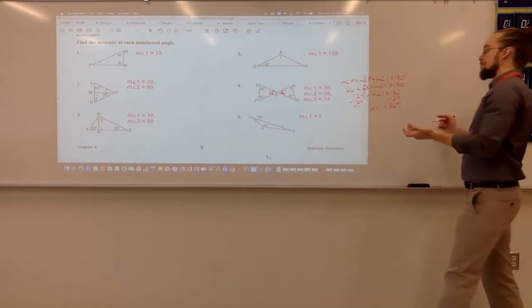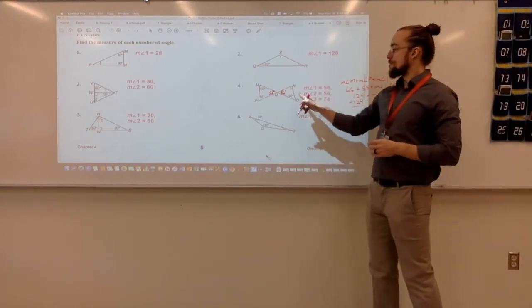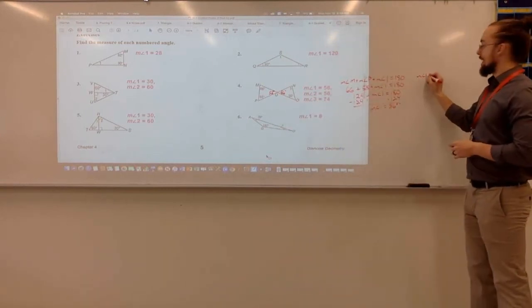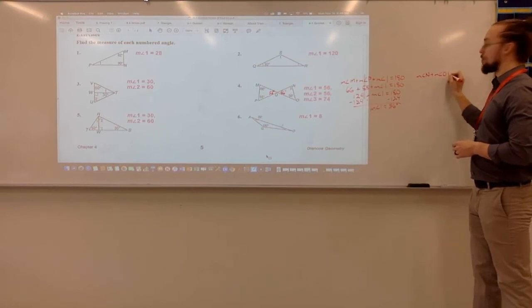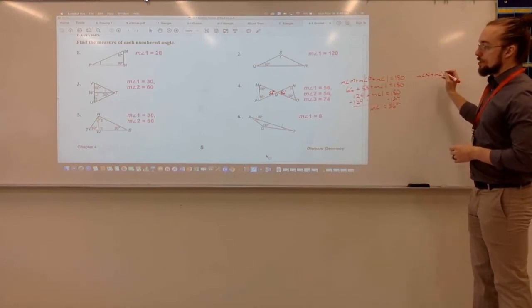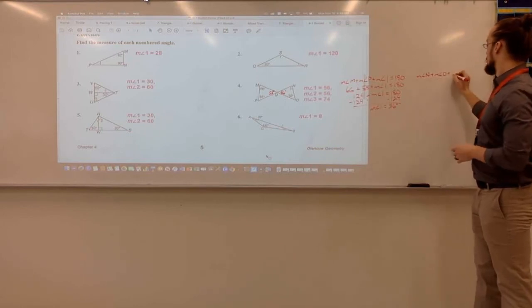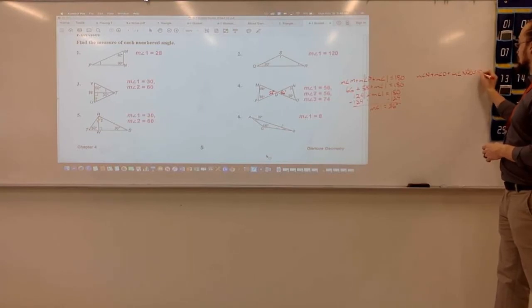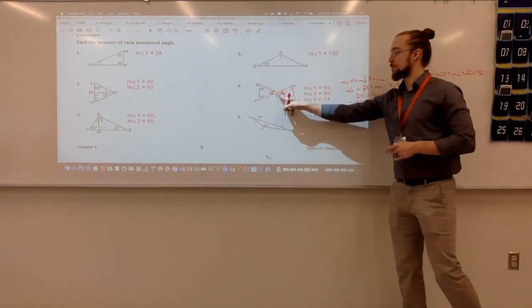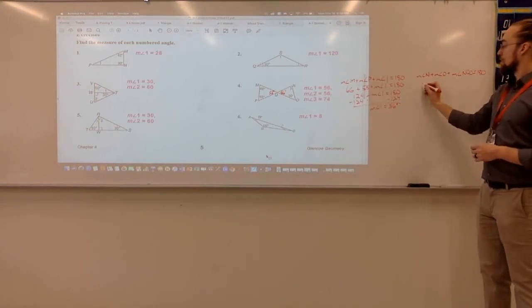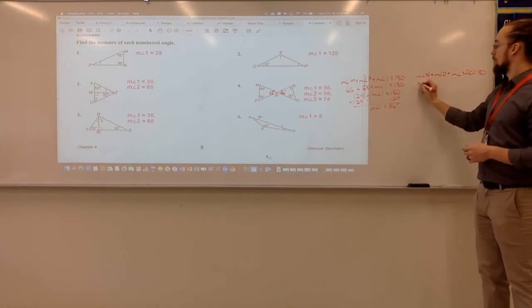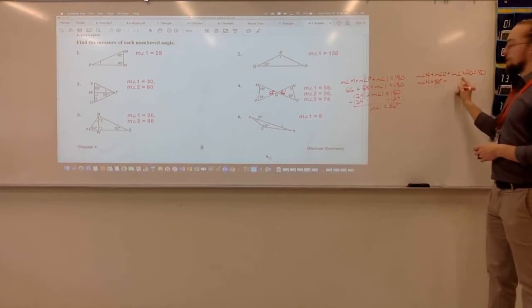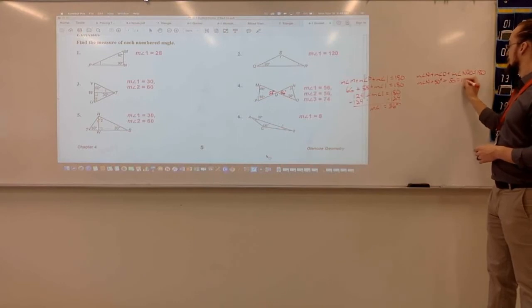Okay, so then to finish this one out, we can set up the same type of equation over here. We can say the measure of angle N plus the measure of angle O plus the measure of angle NQO equals 180. I just add this one plus this one plus this one. So I don't know the measure of angle N, but I know the measure of angle O is 50, the measure of angle NQO is 56.